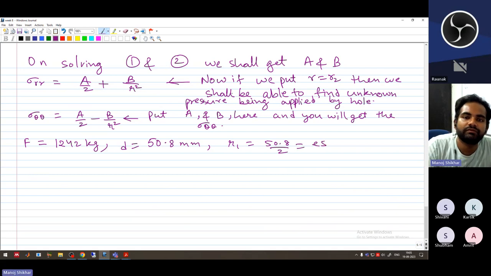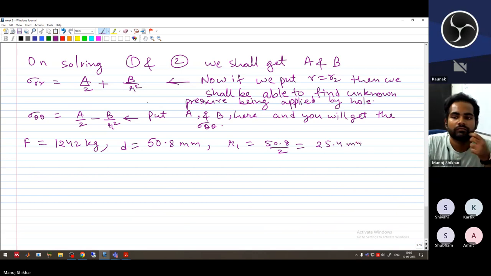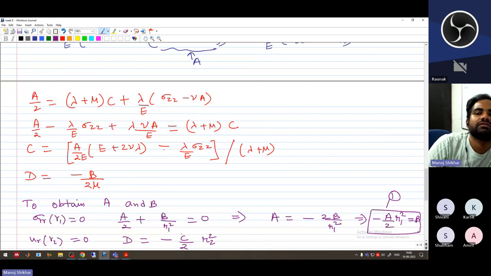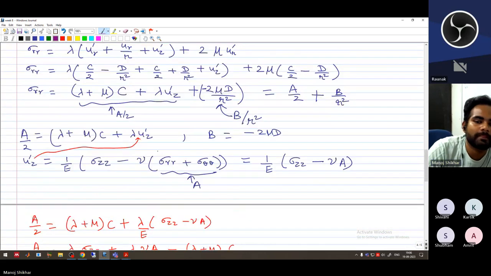This is 25.4. They've already given you thickness equal to 1.27 mm. Okay. So put those values and you will be able to find the values of A, B, and so on. Okay. So do that yourselves.